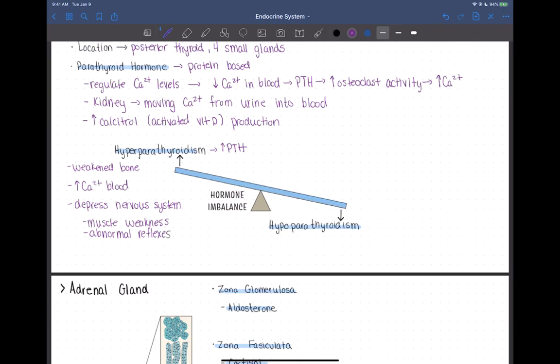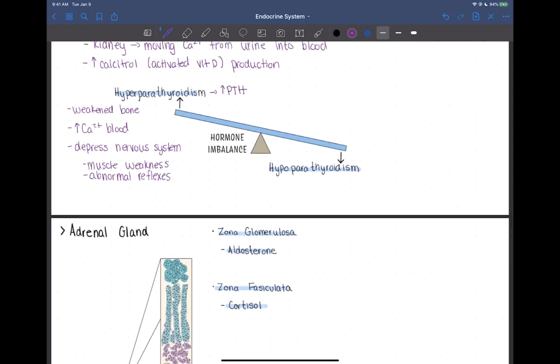Another sign of hyperparathyroidism would be calcium crystals in the urine. If a medical professional takes a sample of urine and does urinalysis, they will frequently look at that urine under a microscope to see if, one, there are any cells, and two, if there are any crystals. If they see calcium crystals, that might be a sign that there's too much calcium in the blood. Okay, good. So that's too much calcium.